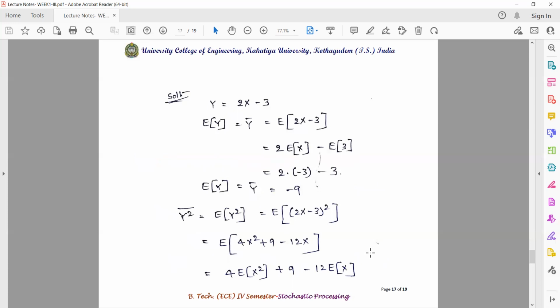So the given equation is capital Y is equal to 2x minus 3. Apply the expectation operator to Y. Expectation of Y, which is y bar, is equal to the expectation of 2x minus 3. Separating the expectation, 2 is a constant kept outside: 2 times expectation of x minus expectation of 3.